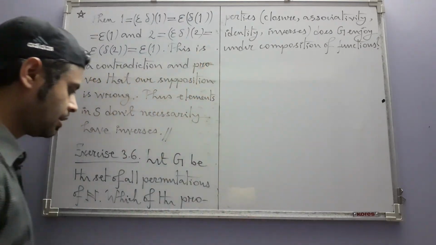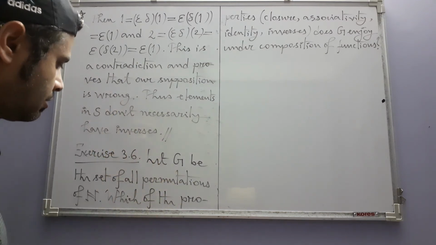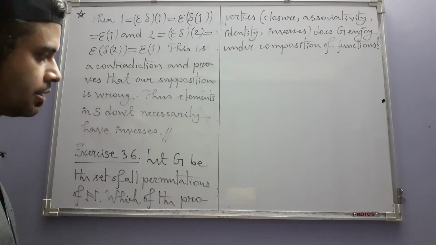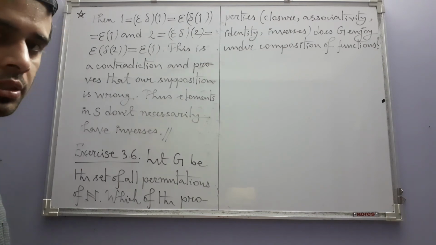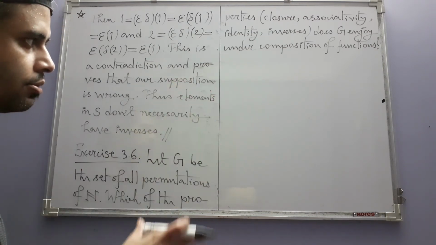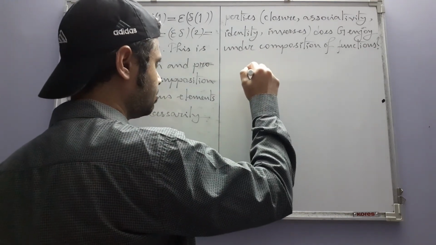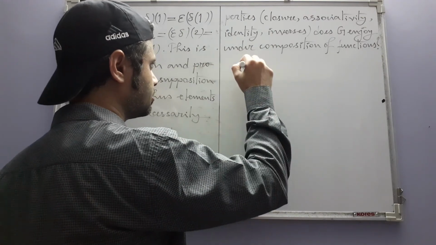But the functions we are considering are again permutations, not all functions like in the earlier one. So then we have to decide whether that set is closed, whether associativity is true. Now this one I am not going to write the solution formally, I will just give you what we have in this solution.